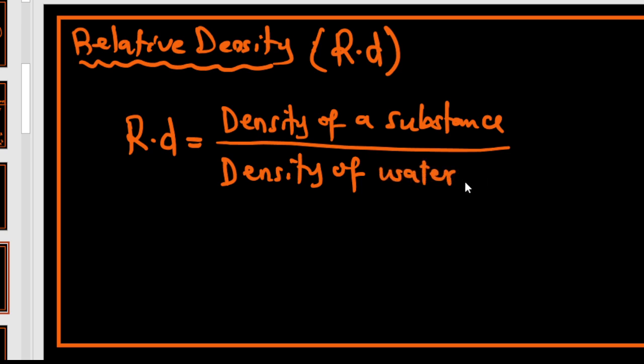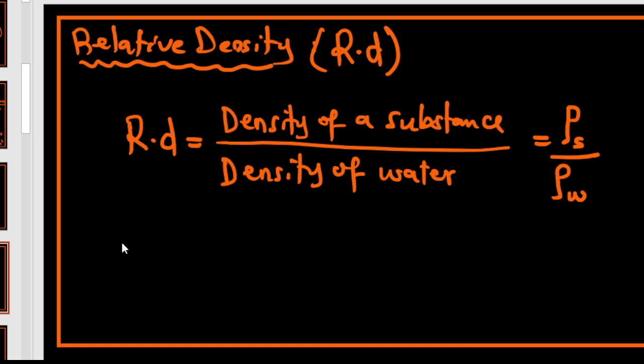It is not wrong to have the density of substance A with respect to the density of substance B as relative density, because it has to do with comparison. But by default, when they say relative density of a substance, the reference is water. Please take note of that. So RD of the substance is going to be rho, the symbol for the density of a substance, over rho of water.